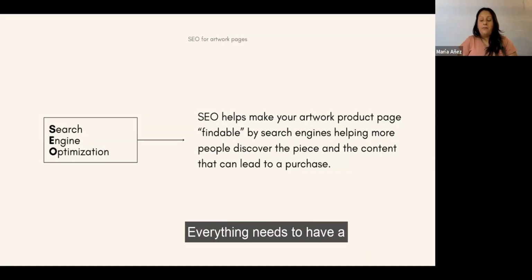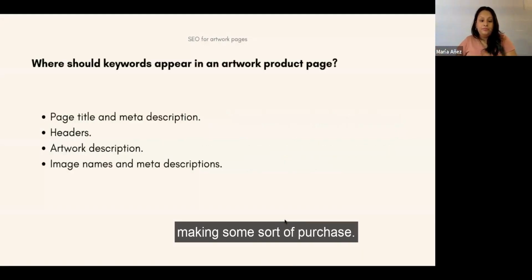Everything needs to have a presence of these keywords. So that page is easier to discover by people who are looking for that type of content and that are looking for it because they are interested in making some sort of purchase.